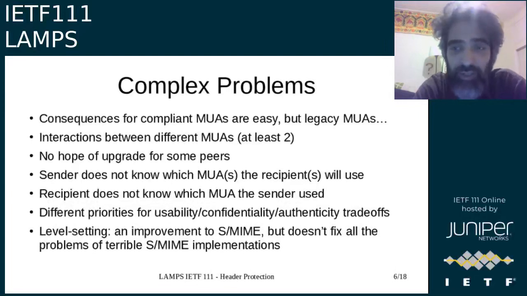Furthermore, when you're sending a message, you have no idea which mail user agent the recipient uses. That's by design. I think that's a healthy part of the email ecosystem, but it does sort of handicap us here. When you're receiving a message, you don't necessarily know what user agent the sender used. So that is an additional issue.